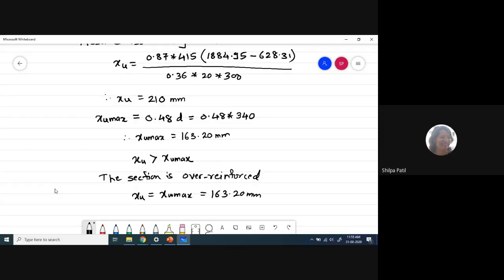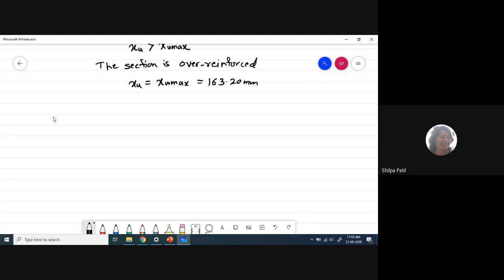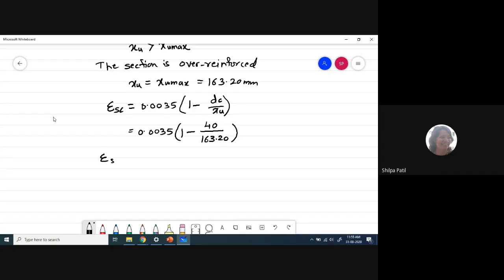Now for this XU value, we have to calculate epsilon SC. So the next step is calculation of epsilon SC. The formula is 0.0035 into bracket 1 minus dc upon XU. So let us put the values: 0.0035 into bracket 1 minus dc, which is 40, divided by XU, which is 163.20. Tell me the epsilon SC value.